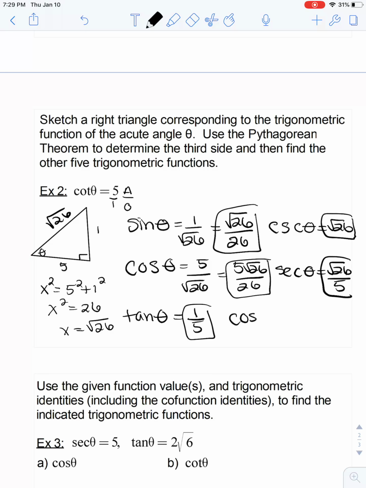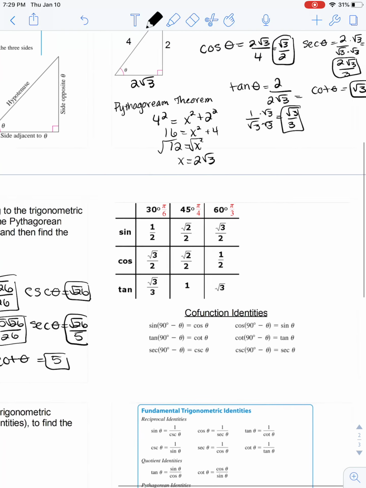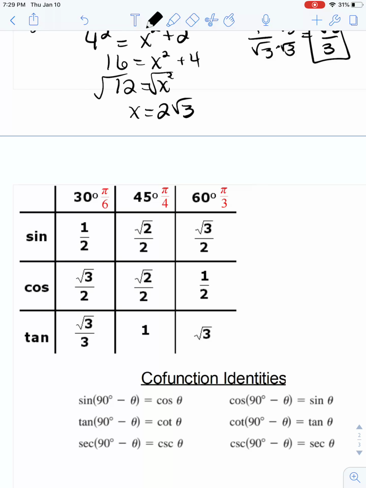And cotangent of theta would be adjacent over opposite, so that's 5 over 1, which is just 5. Don't forget your trig table where they sing that lovely song to you, 1, 2, 3. That's going to be extremely helpful for numbers 17 through 26 on your homework.